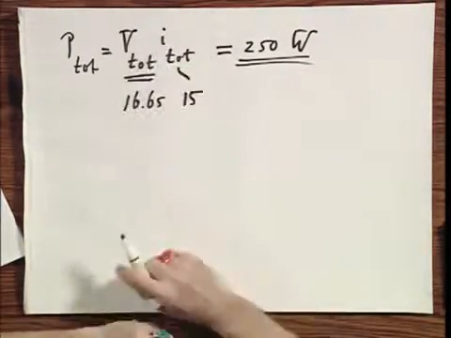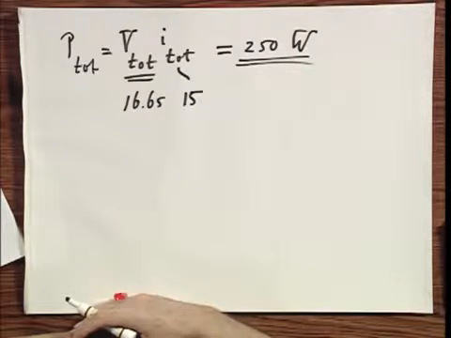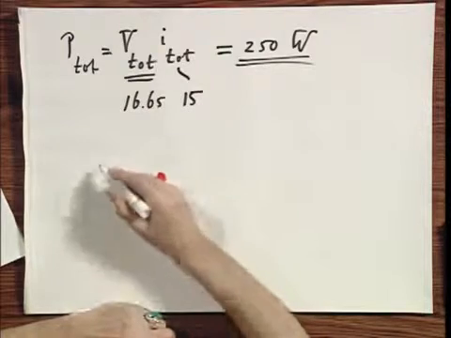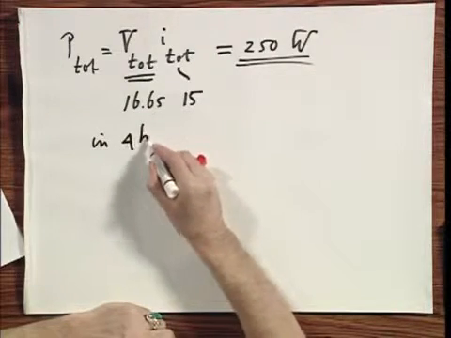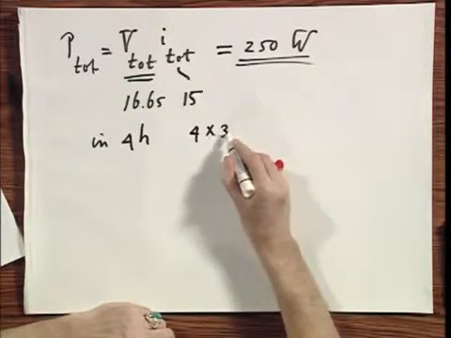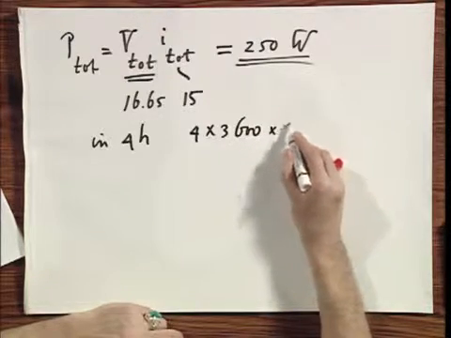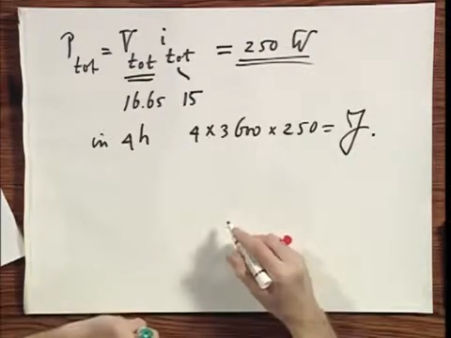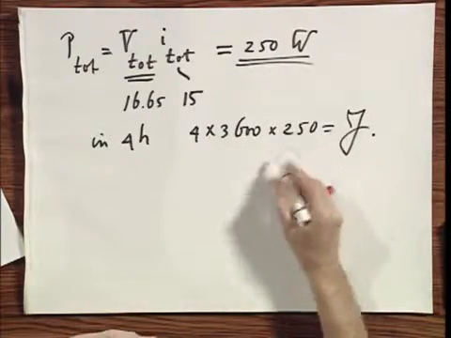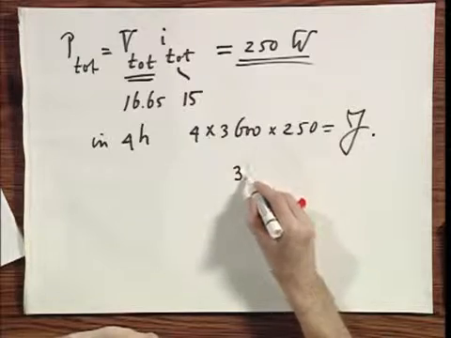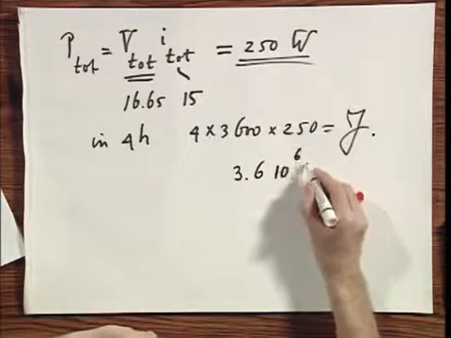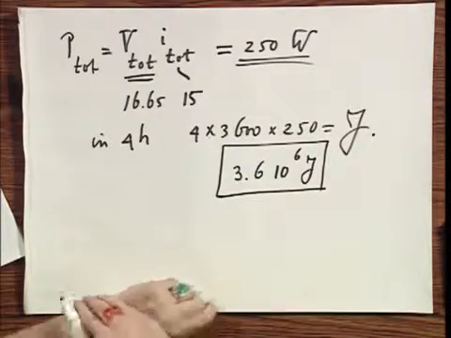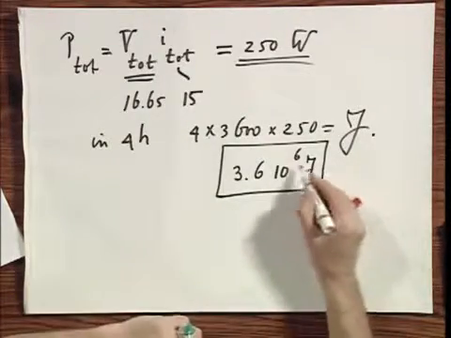So this is the total power that is delivered to the battery during the charging. Now in 4 hours, which is 4 times 3600 seconds, the amount of joules that I pump into the battery is of course the time times the power, and that I found is 3.6 times 10 to the 6 joules. Almost a little more than 3.5 million joules.